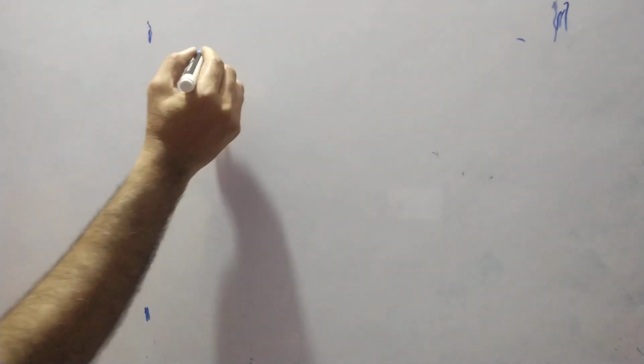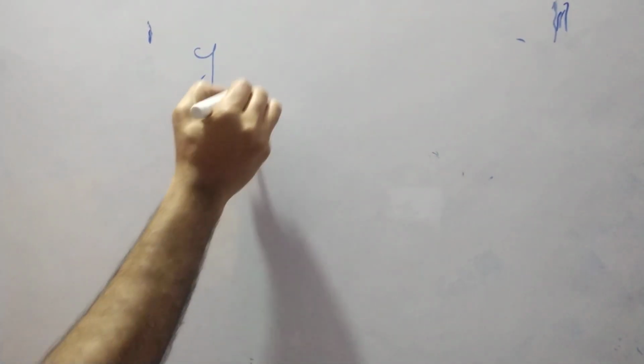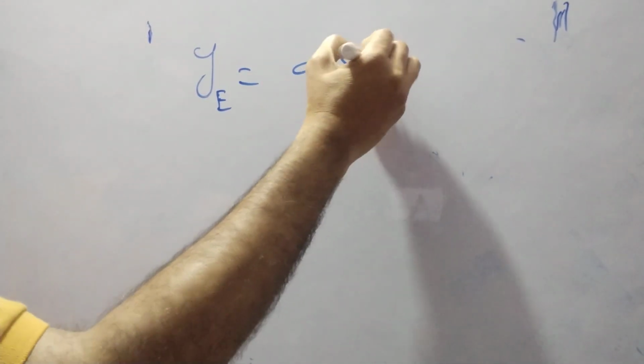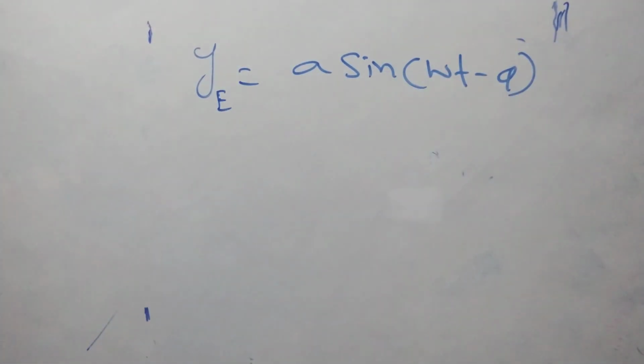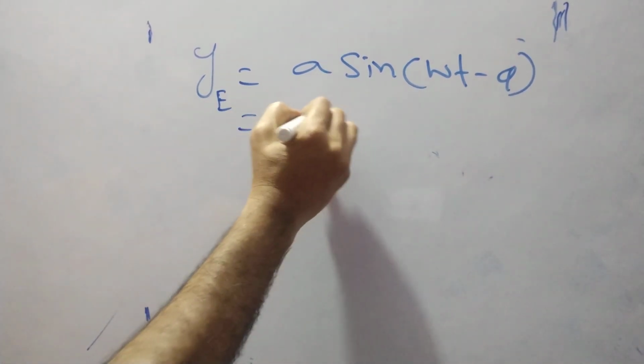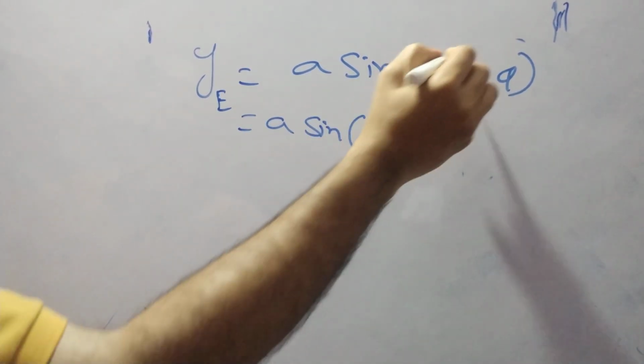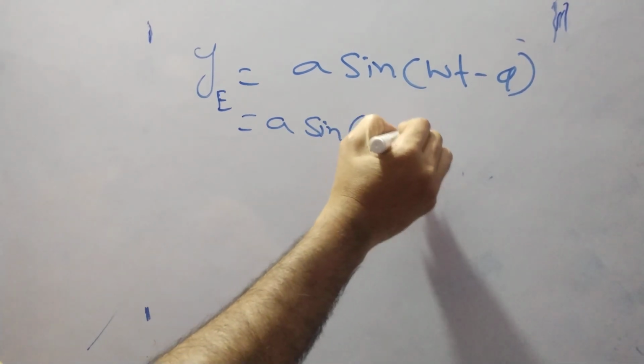Now I will take this equation, y at E, I got the equation as a sine omega t minus phi. Okay, right? So for this one, you can write down the equation as: this omega is 2 pi by T, okay.